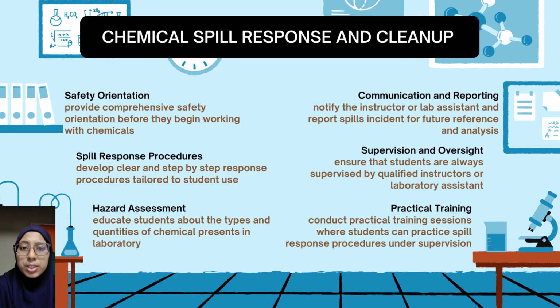So the student have to inform the staff or lab assistant, so their superior about the case, and then student also have to be teach how to wear the personal protective equipment such as PPE when respond to the chemical spill.